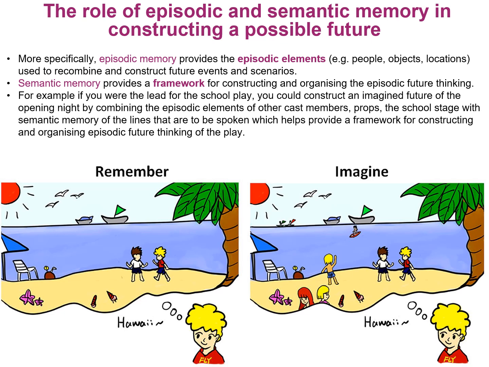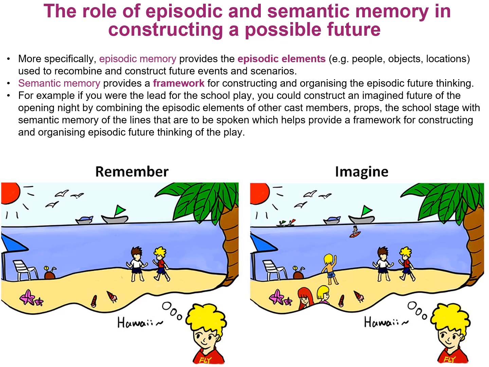Now, when we're creating an imagined future, we use a combination of episodic and semantic. So the episodic elements, the people, the objects, the places, etc., that help us construct this imagined future. And the semantic network gives us the framework in which we can do this.